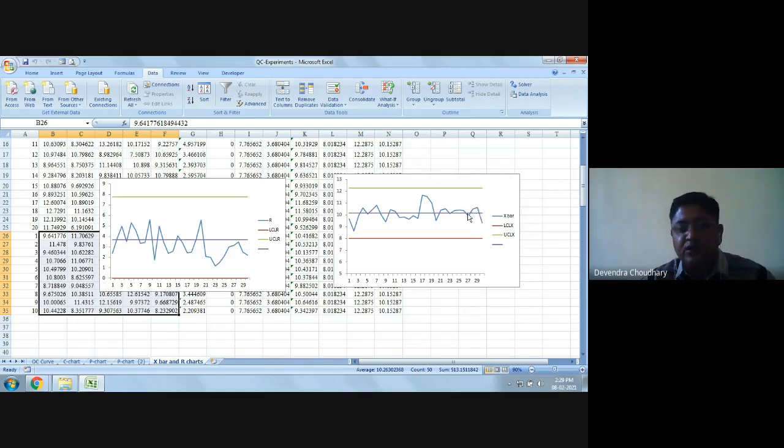So you can note that the earlier shift in mean was depicted only by the X bar chart, right? If the shift is in the upward direction, the points start falling above the center line. If the shift is downward, points start falling below the center line.